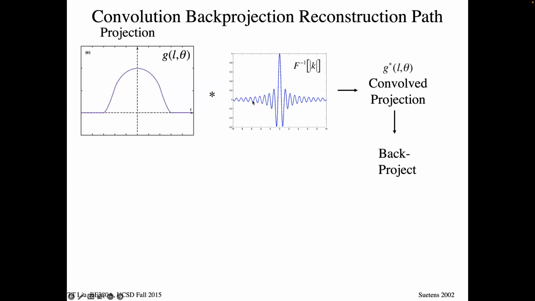We convolve it with the inverse Fourier transform of the ramp, which looks like this. After doing that convolution, we get these G asterisk L theta, and we back project those to get to our image.